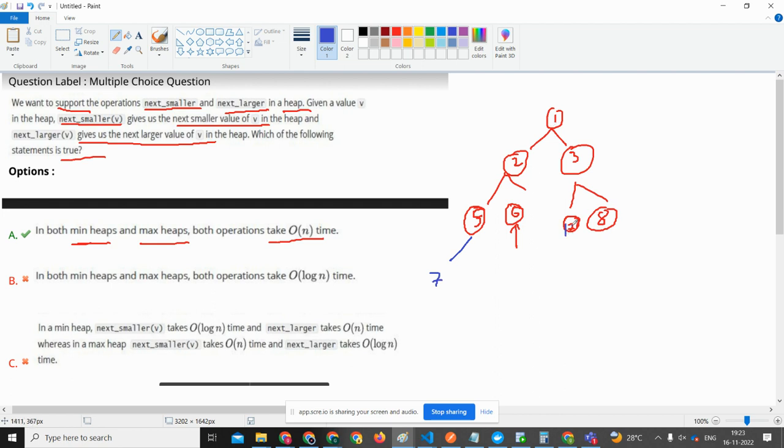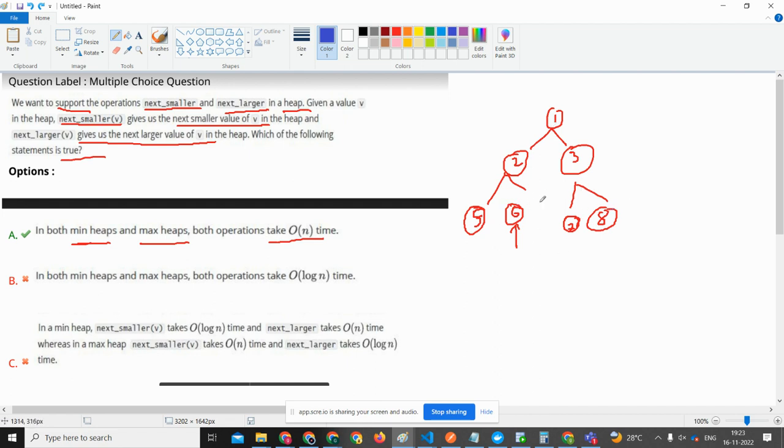Ideally it was 17 here, but whatever I wrote is also correct. So basically, you need to search the whole thing. That's the point here.